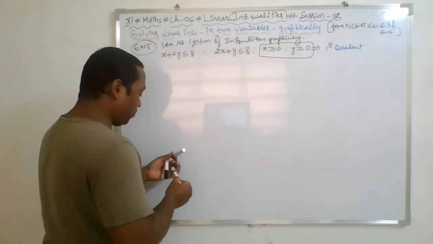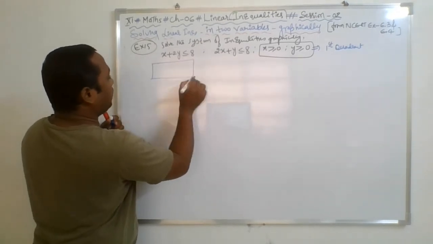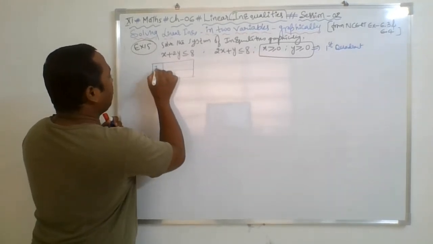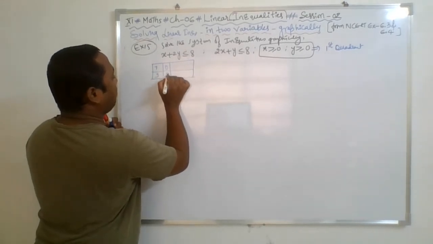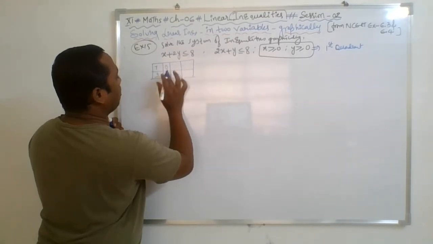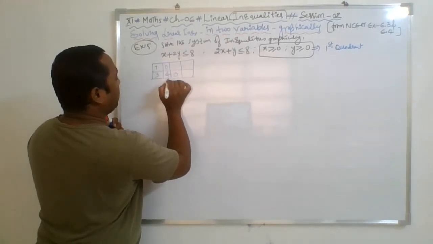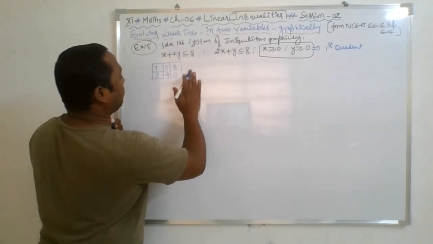That's all. So now I'm directly writing the solution without much explaining, because you people are very smart to find the values of x and y, right? If x is 0, y is 4, if y is 0, x is 8, only 2 points I am taking.